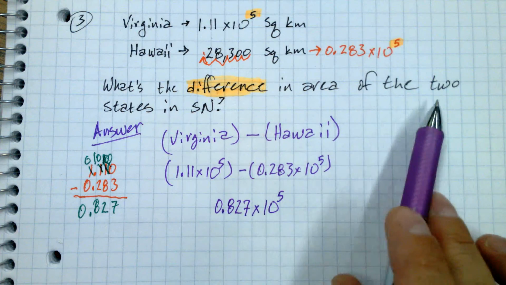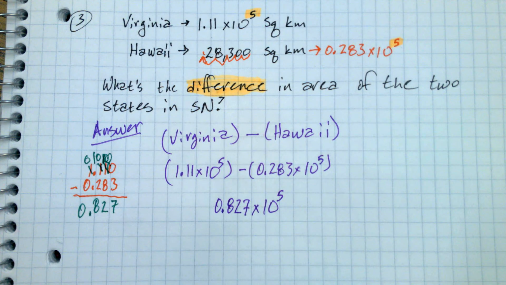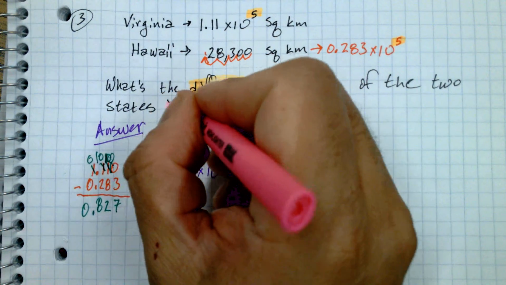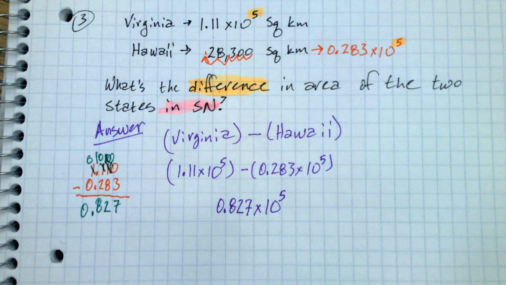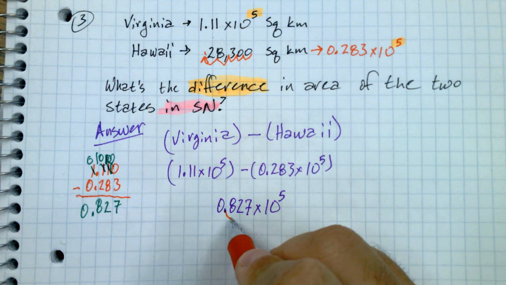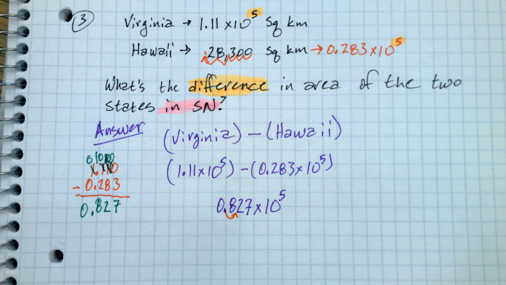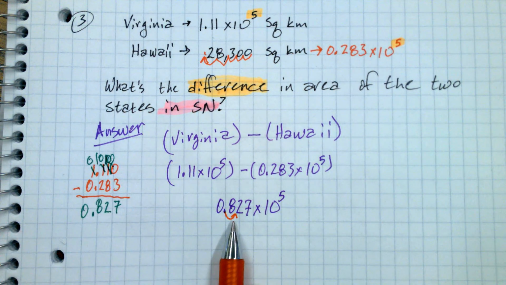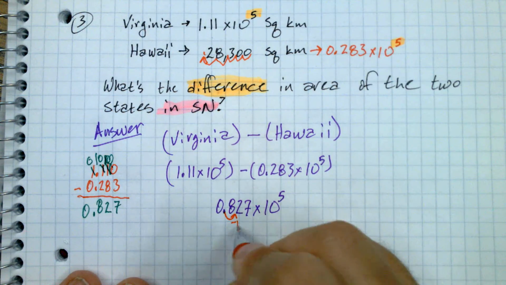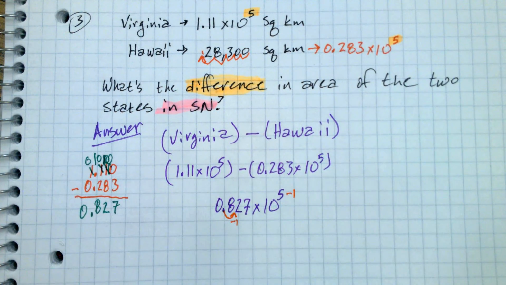Now, if I want my answer in scientific notation, I've got to do one quick fix, right? I've got to push that decimal point once to the right. So would that be adding 1 or subtracting 1? Subtracting 1. Minus 1 here, minus 1 there.